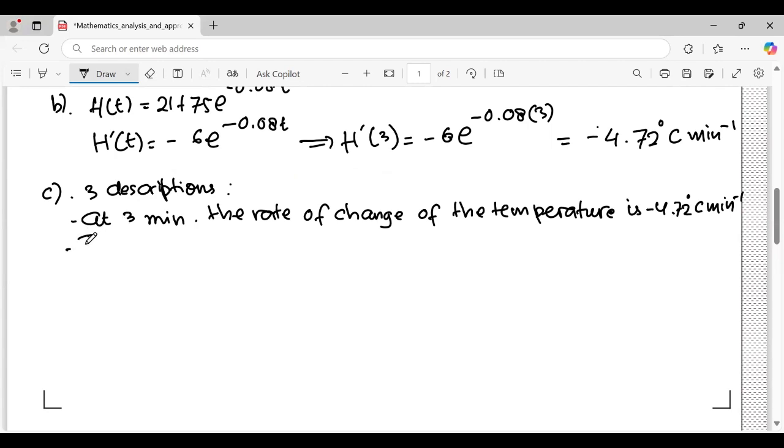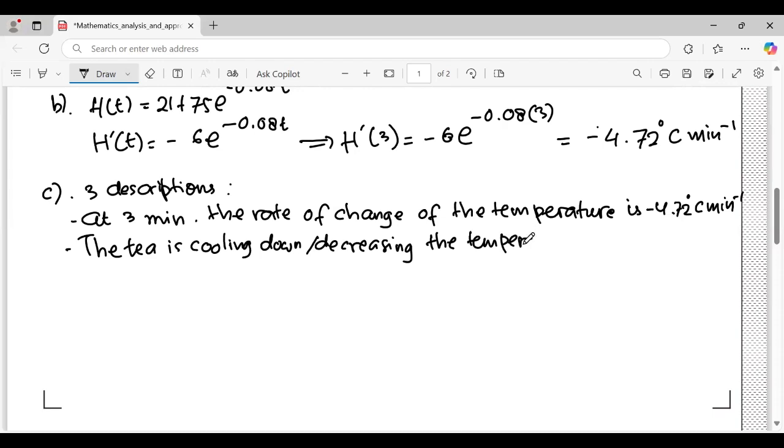The second, the tea is cooling down, or the temperature is decreasing, after 3 minutes.